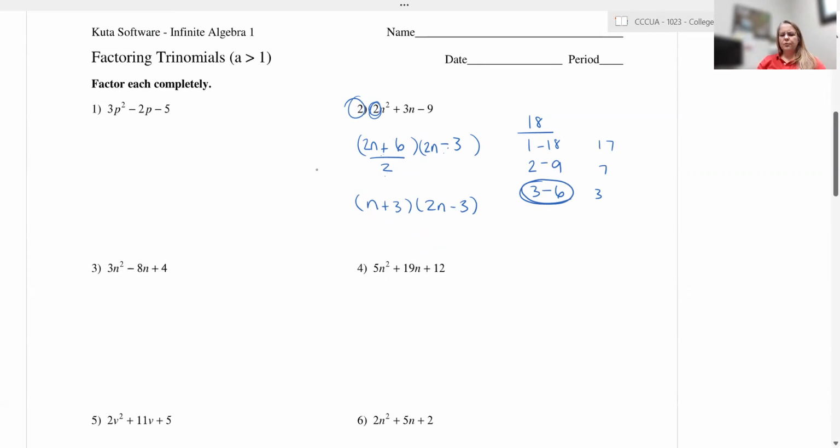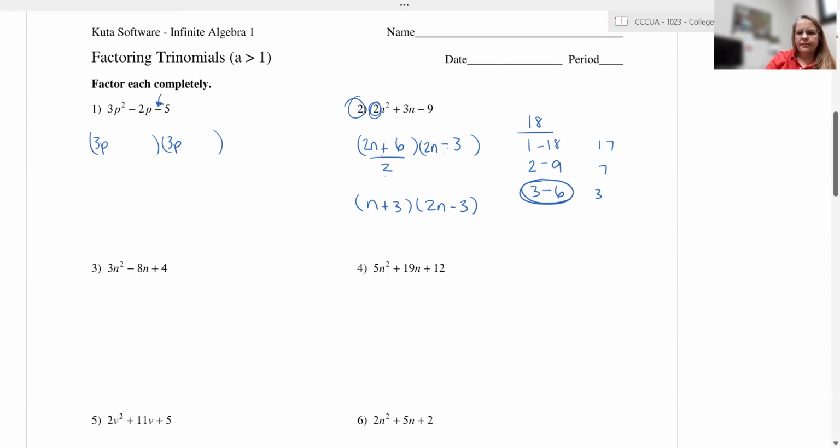I'm going to show that one more time, that way with number 1, and then I'm going to go back and show the way where you wind up having to do it by grouping. So here on this number 1, I'm going to come down 2 sets of parentheses without even thinking, 3p, 3p.